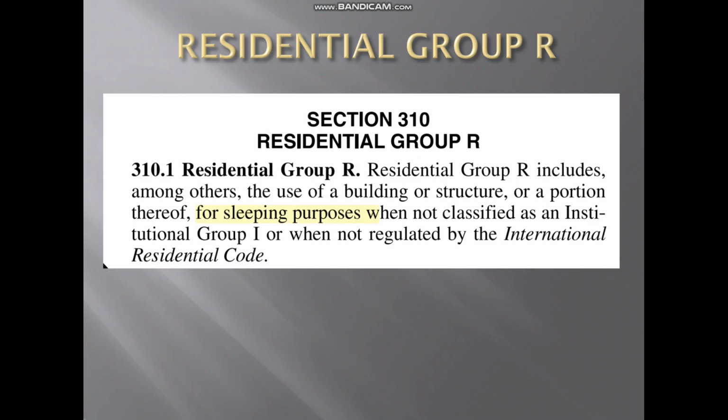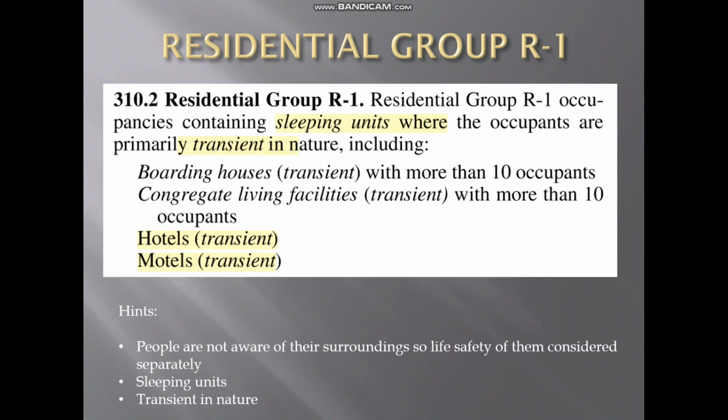Then the residential group is simple, it's for sleeping purposes, but it has 5 different categories. Let's go to category 1. Now we can see residential group R1. The residential group R1 is for sleeping units, and the important thing is that they are transient in nature.